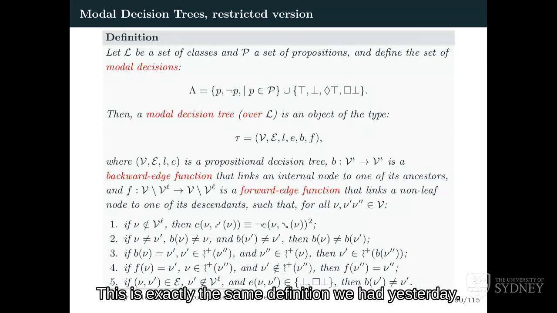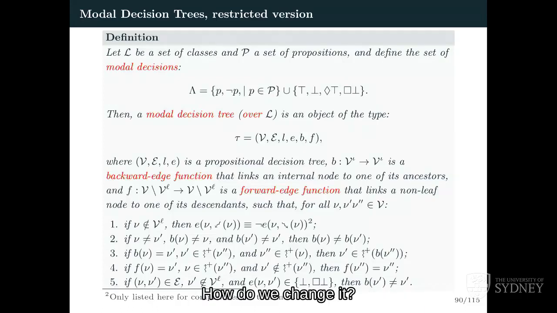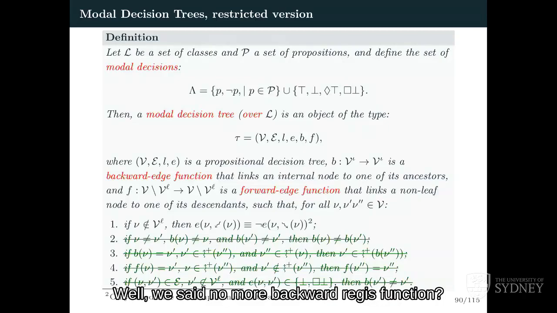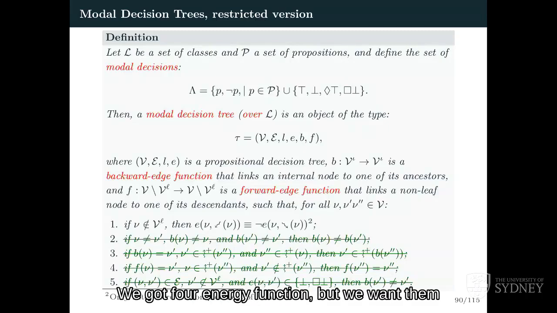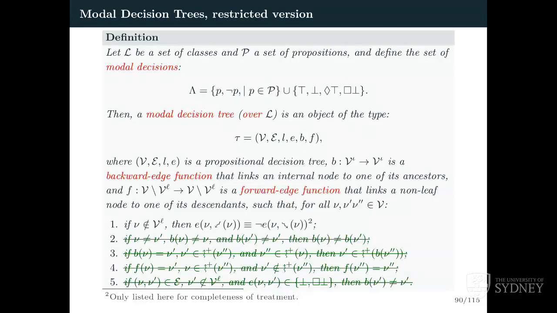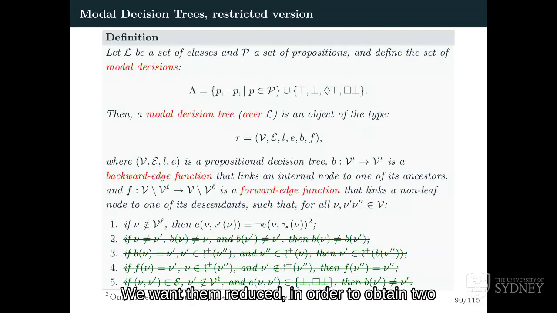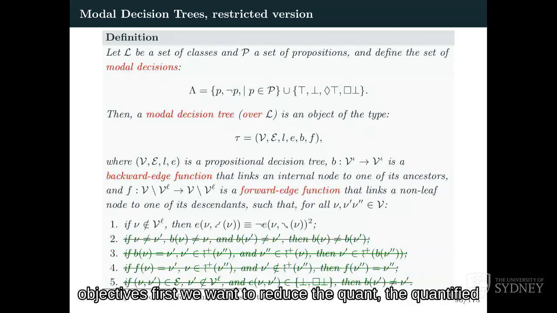This is exactly the same definition we had yesterday. How do we change it? Well, we said no more backward edges function. We got a backward edges function, we got a forward edges function, but we want them somehow reduced. Now, we want them reduced in order to obtain 2 objectives.